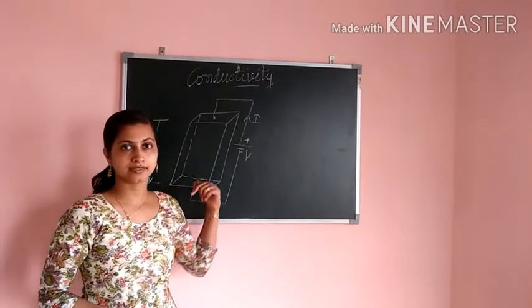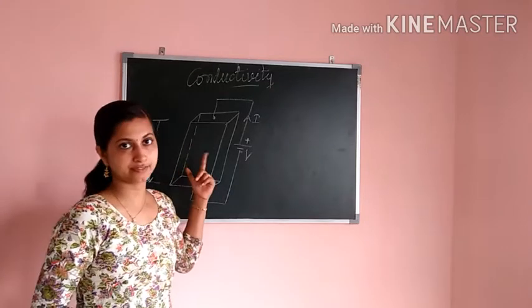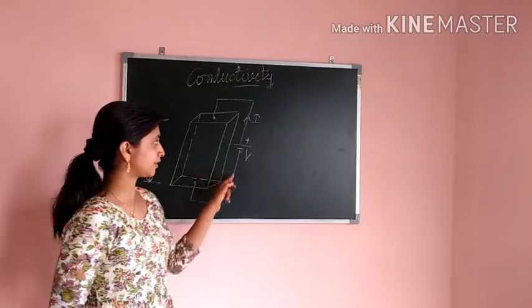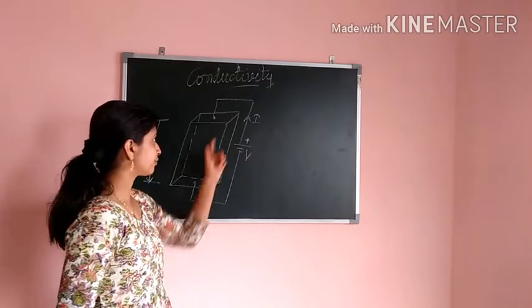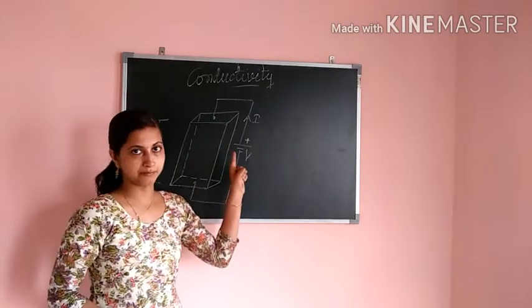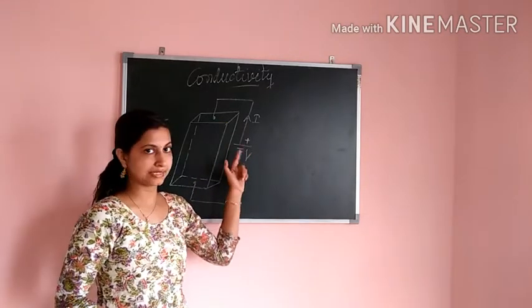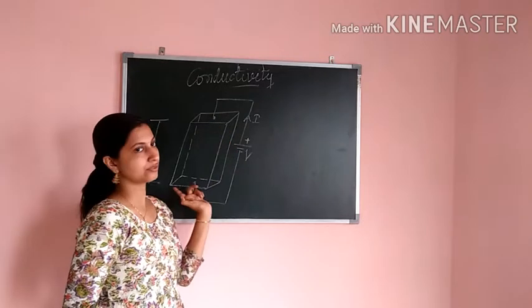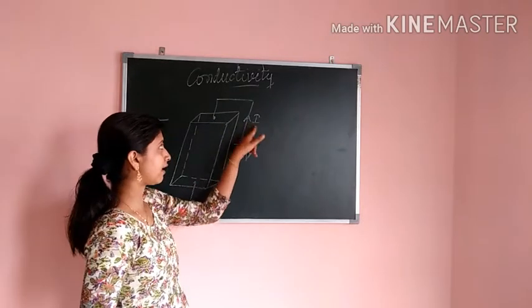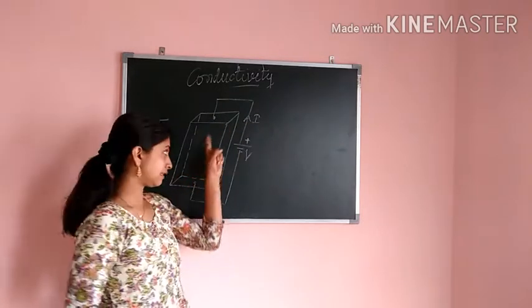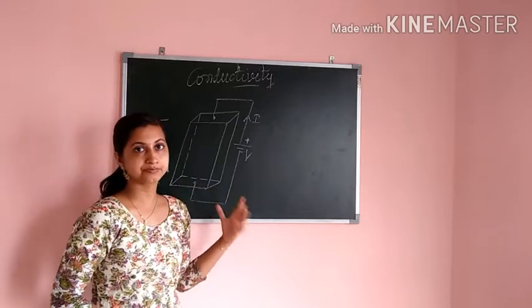Consider a semiconductor bar as shown in the figure. A voltage V is applied across the two sides of the bar. Then a current I will flow through this material.